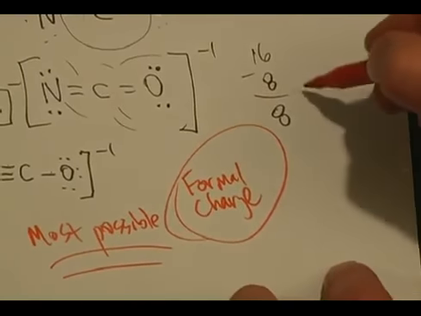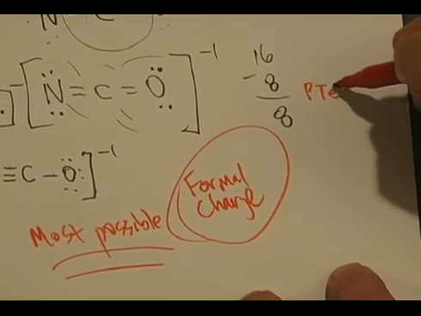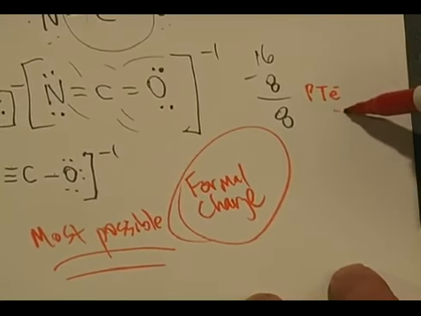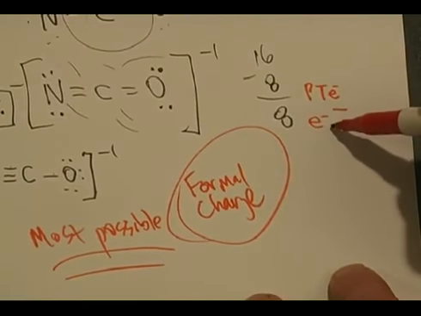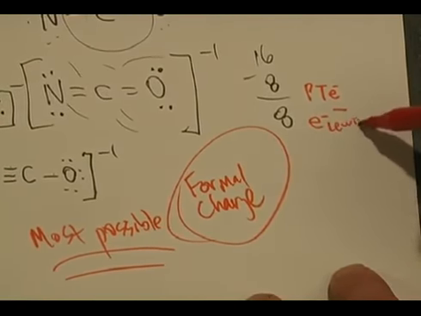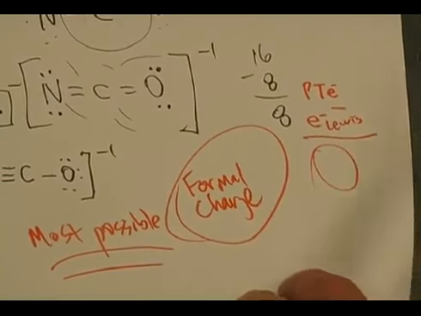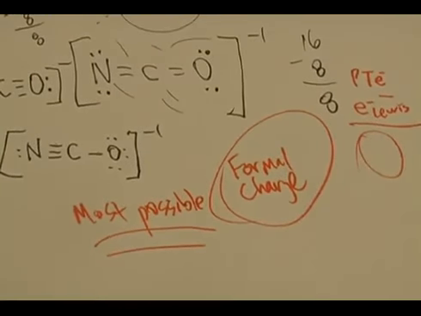Periodic table electrons that are assigned to that atom minus the electrons that are given to it in the Lewis dot structure. And then whatever number you get here is called a formal charge on that particular atom in that ion.